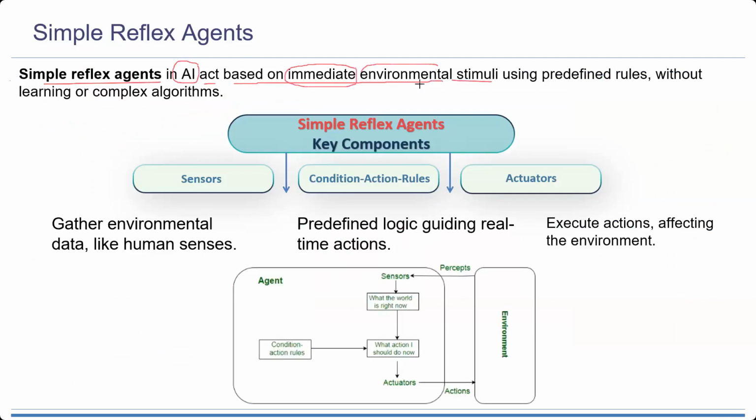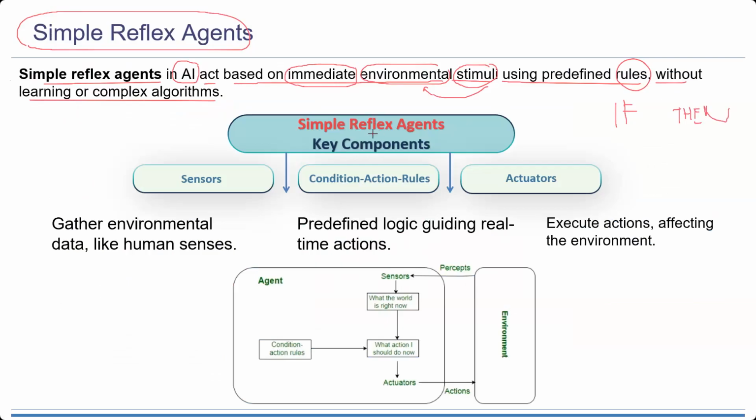If you have a stimulus from the environment, then you do an action, using predefined rules without learning or complex algorithms. So the simple reflex agent is the very basic AI, using just rules, using if-then.